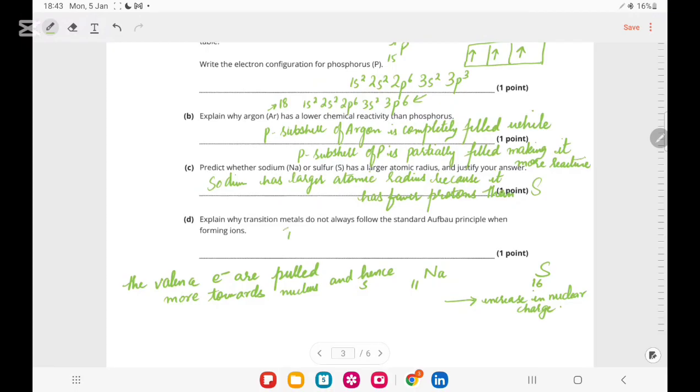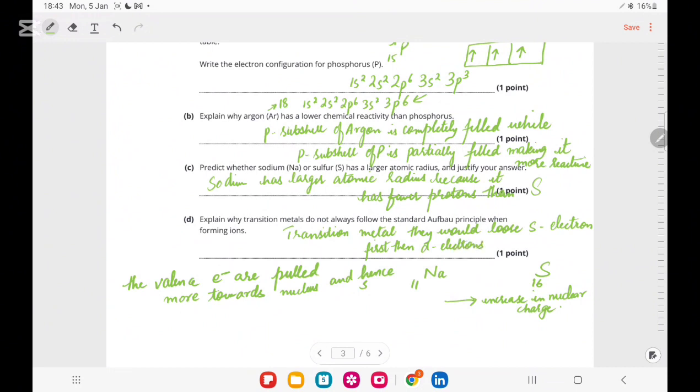So transition metals tend to lose the s subshell electron first, then d electrons.